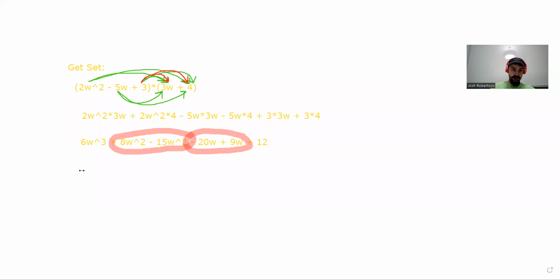So the total product with the combined like terms, I get 6w cubed, and that's 8 minus 15, negative 7w squared, yeah. And then we have negative 20 plus 9, which is a minus 11w plus 12. Those negative numbers really fool me sometimes, man.